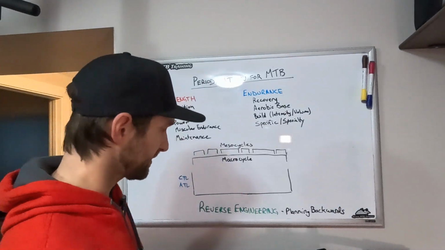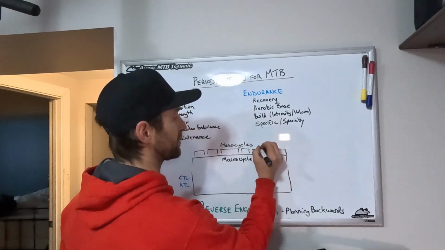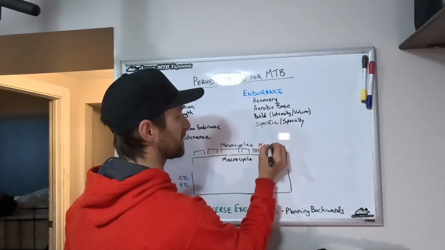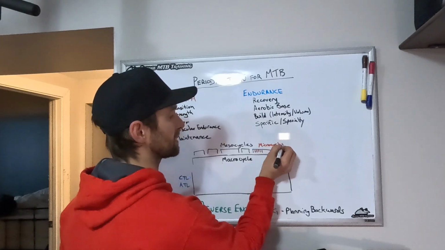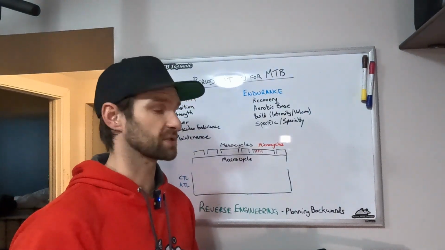And then within that, you have smaller ones, whether it's week to week or workout to workout, called microcycles, and you can adapt each of these to get certain responses.